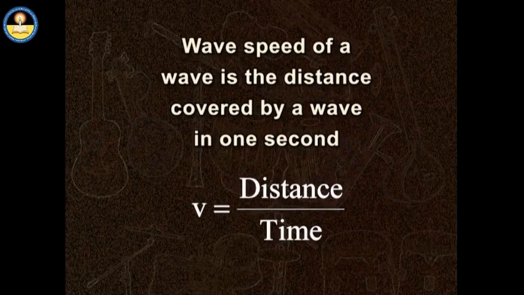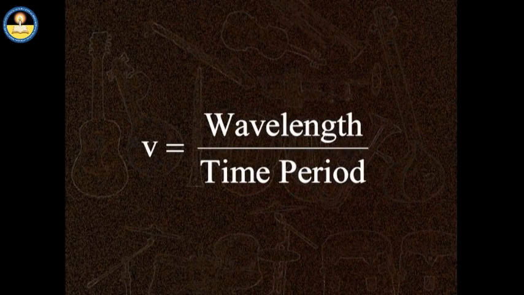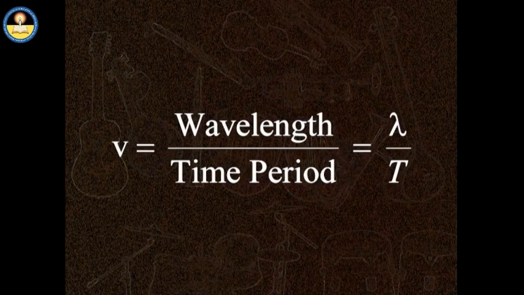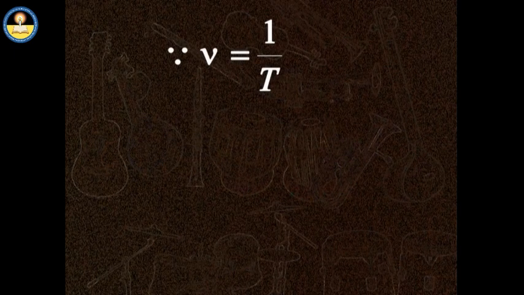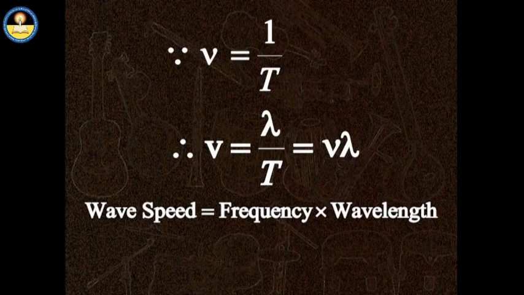Mathematically, the wave speed of a wave is the distance covered by the wave in 1 second. It is represented by the letter V. The time required for covering the distance of one wavelength is the same as the time period. So, the relation for the wave speed comes out to be lambda upon T. As the frequency of a wave is reciprocal of the time period of the wave, the relation for wave speed becomes equal to the product of frequency and wavelength of the wave.